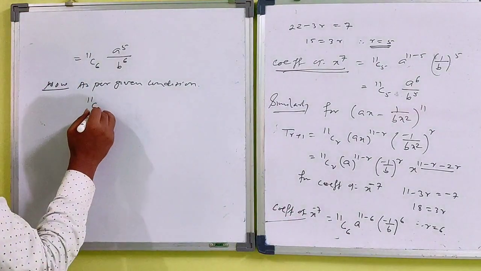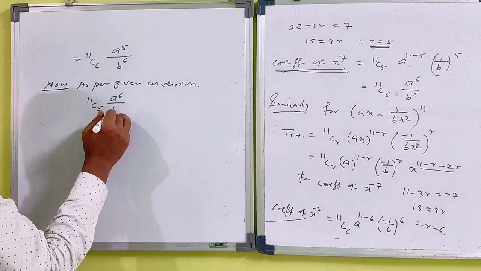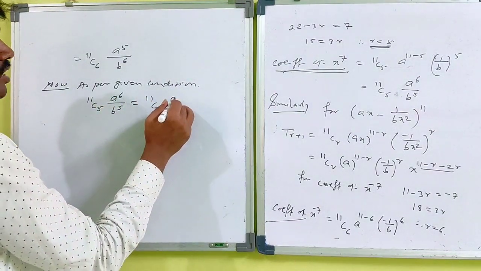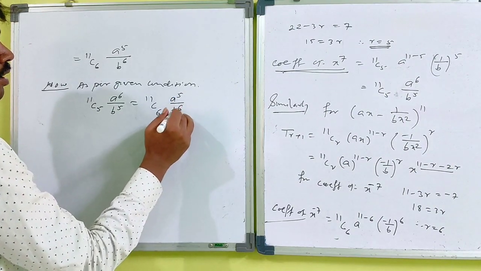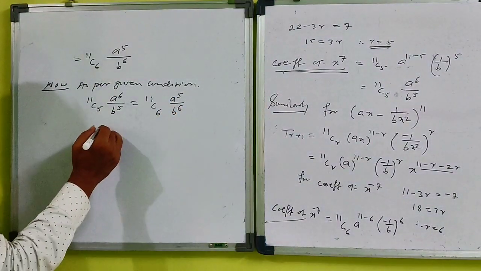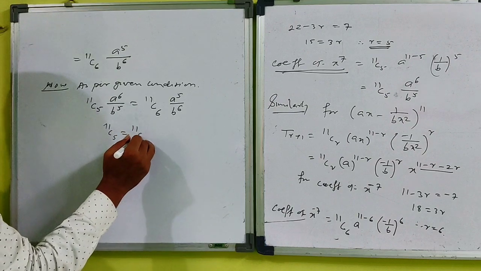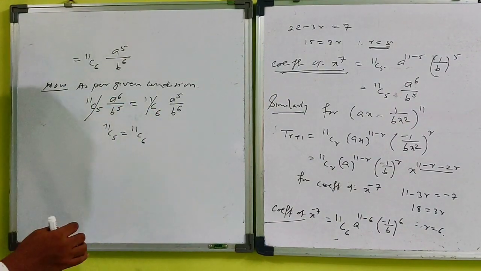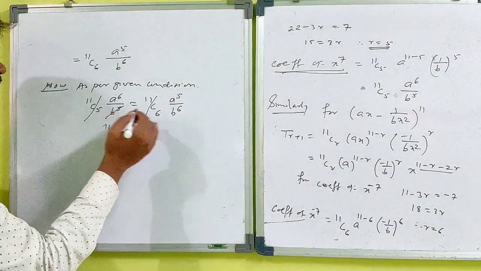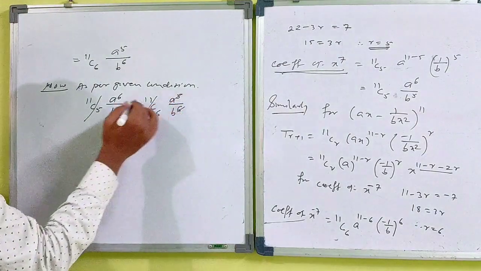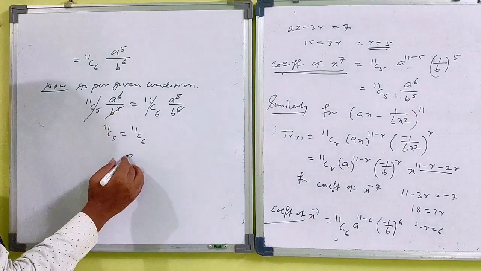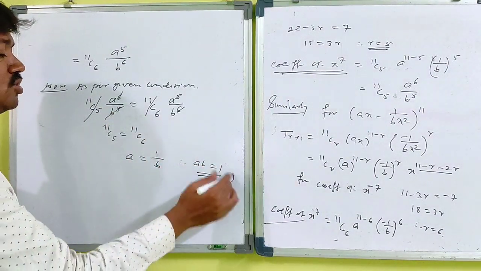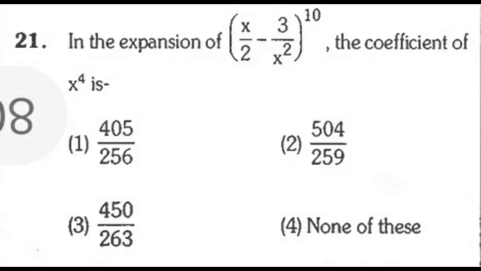So 11C5 A raised to 6 upon B raised to 5 equals 11C6 A raised to 5 upon B raised to 6. Now 11C5 is always equal to 11C6, so this is cancelled, and B raised to 5 cancels with this, so B remains. So A should be equal to 1 upon B, and therefore AB is equal to 1.